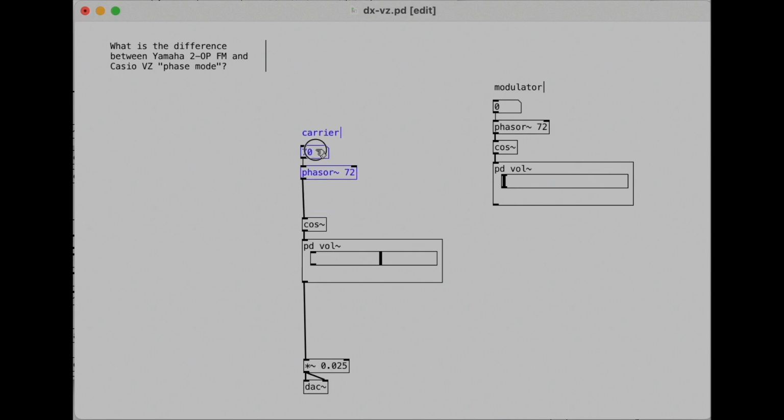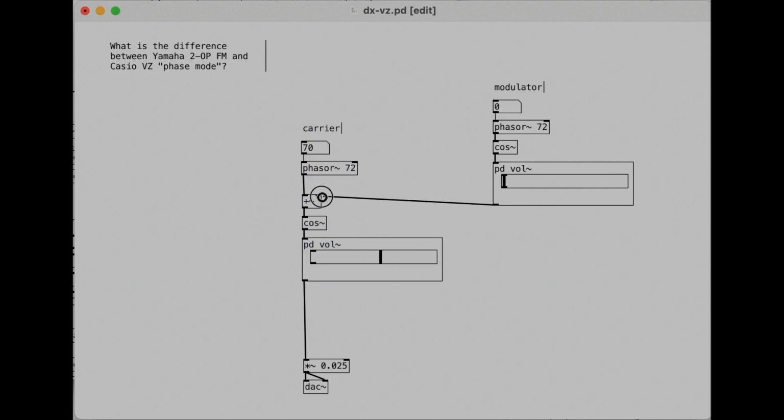We pull apart the carrier, we remove this connection, and we add a summing stage. And the output of the modulator goes into this summing stage. And now we get to operator FM.